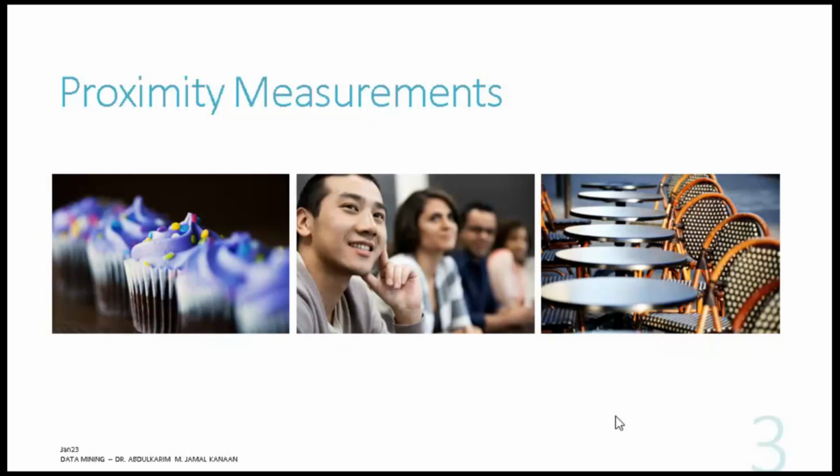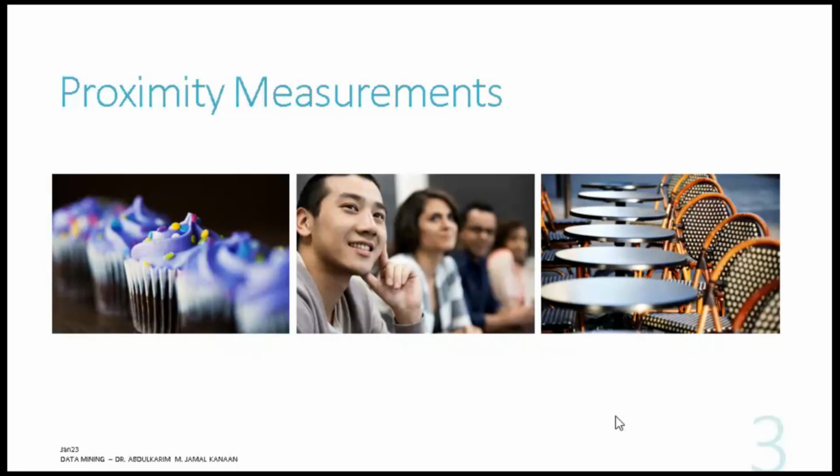Grouping means if I put a set of objects in one cluster, that infers that these objects are similar, right? And if I put other objects in another cluster, they are similar to each other, but different from the objects in the first cluster.